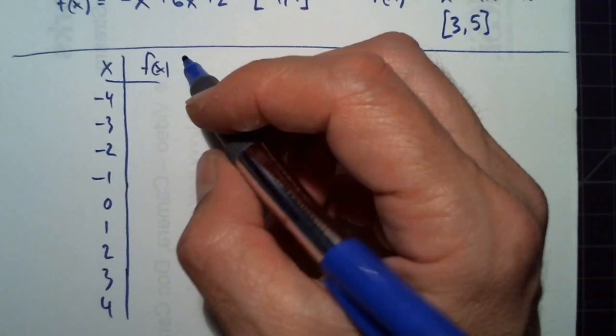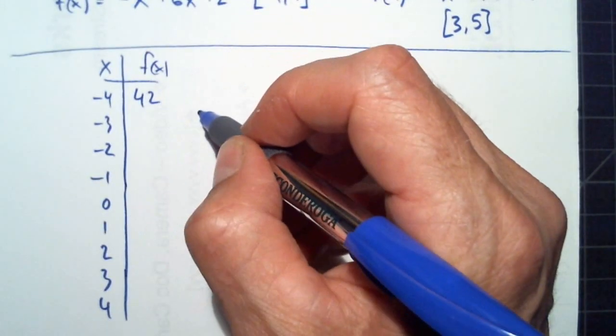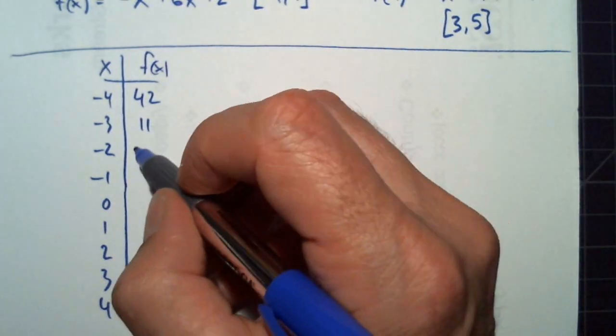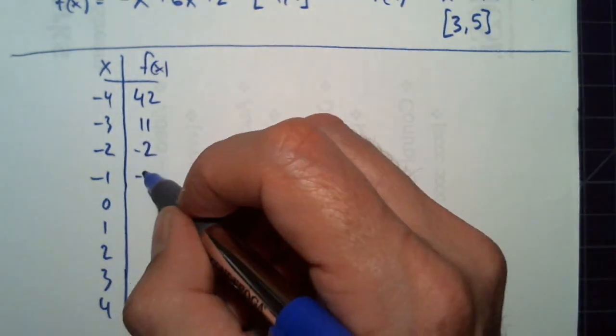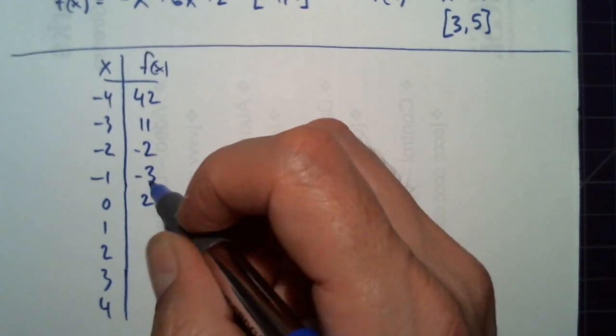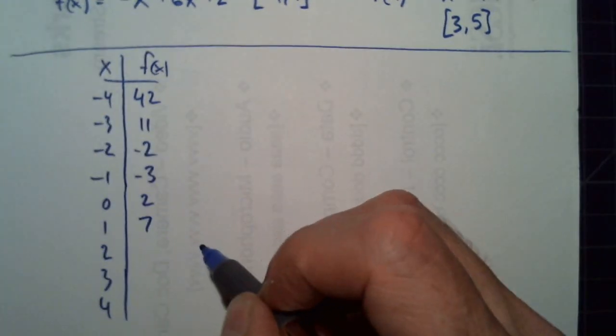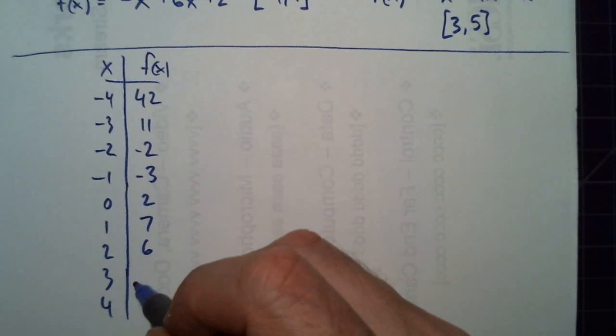And with a calculator, we'll find the y values, and then we can identify where the x-intercepts are, or the zeros.